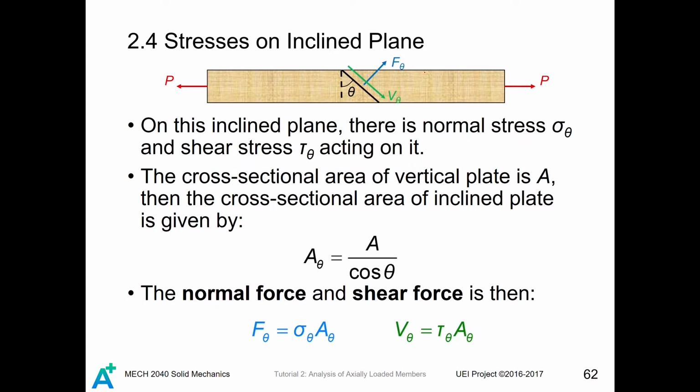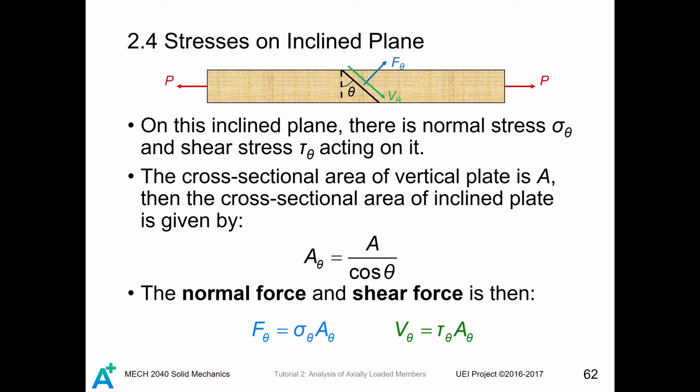The cross-sectional area of the vertical cross-section is A. So, for the inclined surface, the cross-sectional area is given by A divided by cosine theta. The normal force and shear force acting on this inclined surface will be F theta equals the normal stress times the area, while the shear force is given by the shear stress times the area.